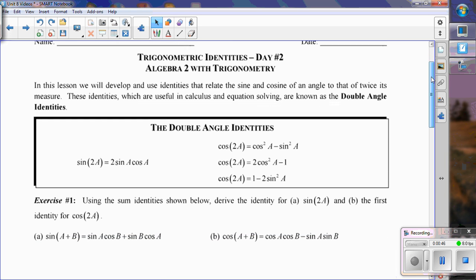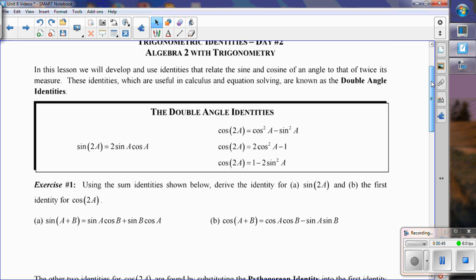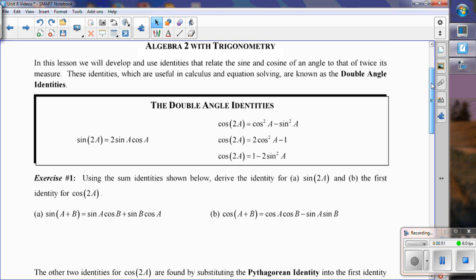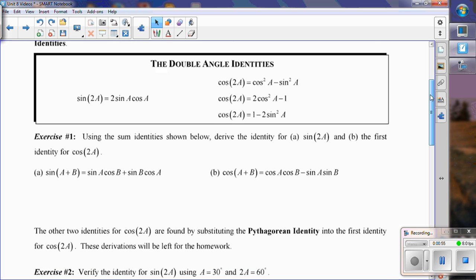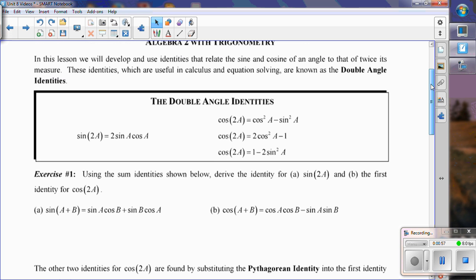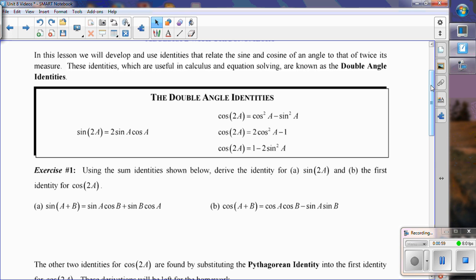So we're going to talk about more trig identities. That formula sheet is packed with them. And in this lesson, we will use the identities that deal with doubling an angle. Now, we deal with this a lot more in upper level mathematics. In this class, we're not emphasizing the understanding behind this, but rather the manipulation of the formulas.